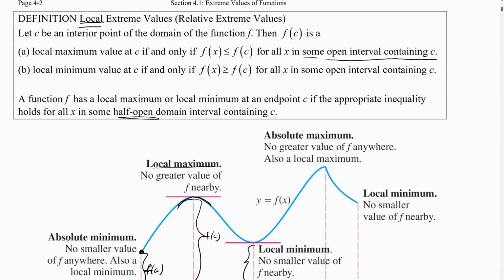This value, f of e, the height of this curve here, is smaller than all of the values for the function in this interval that I just drew containing e. You might say, well, what if the open interval went all the way down to here? It doesn't say it has to be the smallest value for all open intervals, it needs to be for some open interval. If I can draw it and it's the smallest, then it's a local min.